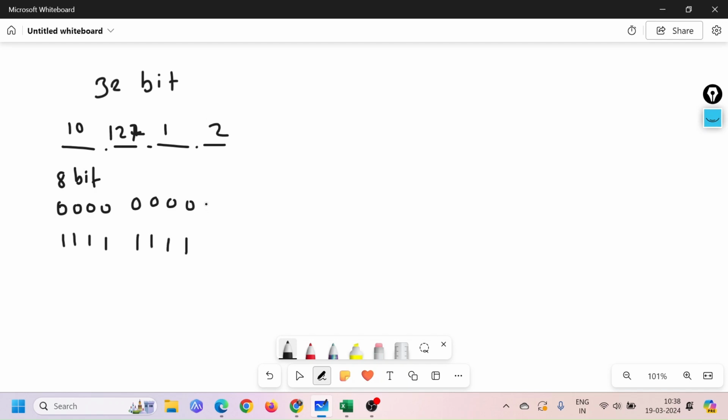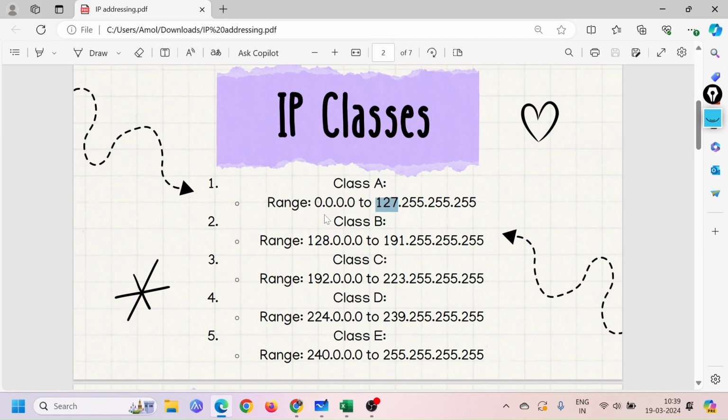When we convert these binary values into a normal integer, the zeros become 0, and the all-ones becomes 255. That's the reason the minimum value is 0 and the maximum is 255. So the minimal value is 0, and it can go up to 255.